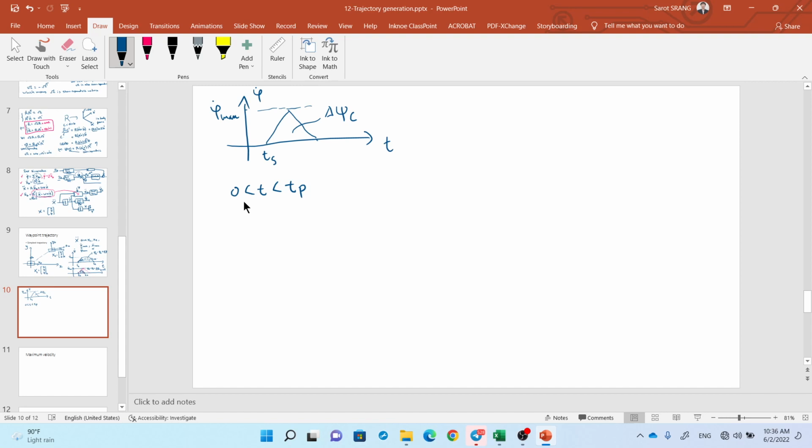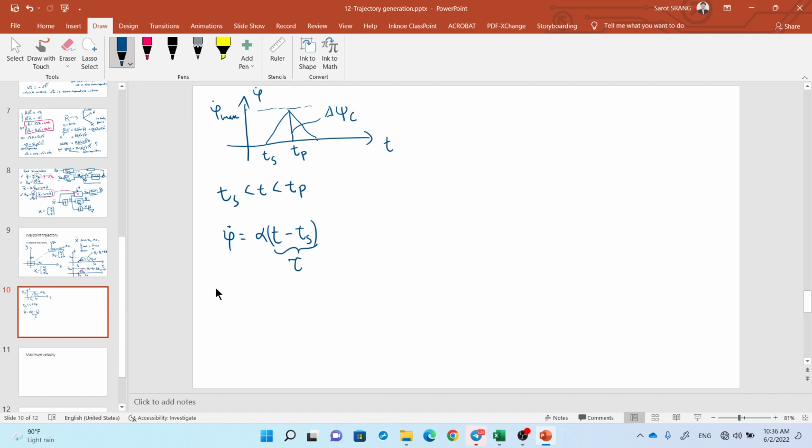So t takes from 0 to t peak here. From tau s, psi dot equals alpha times t minus ts. Let's call this tau.